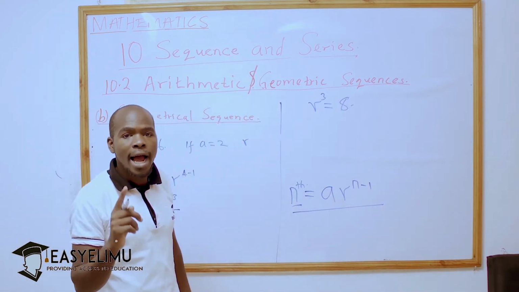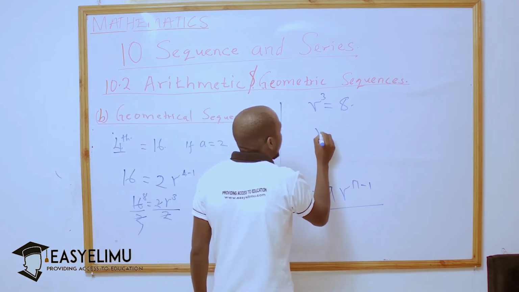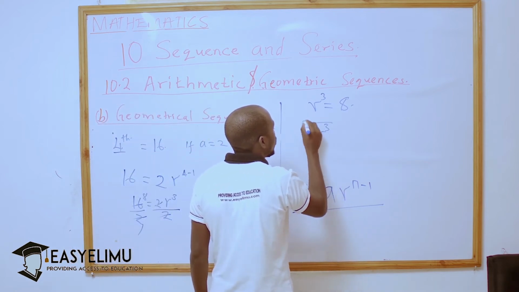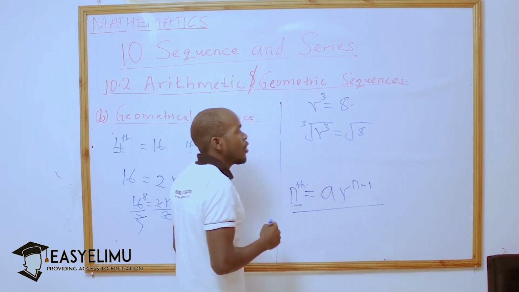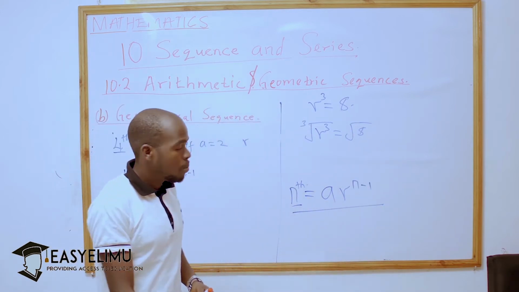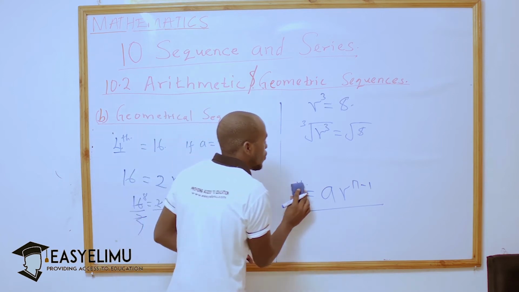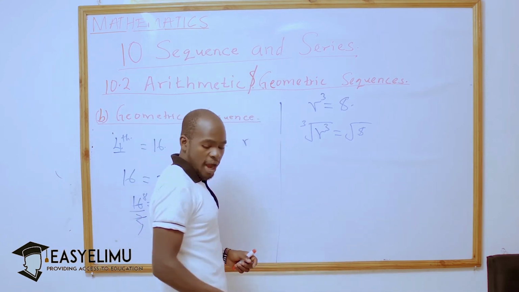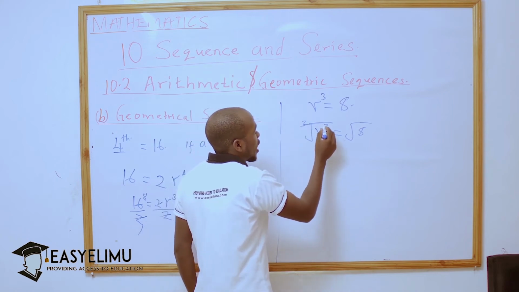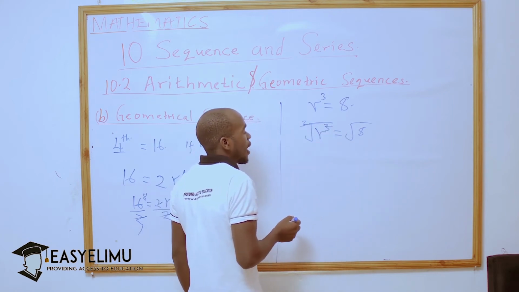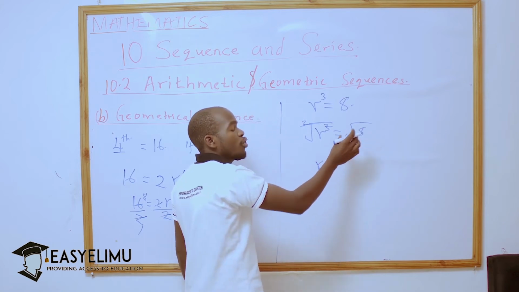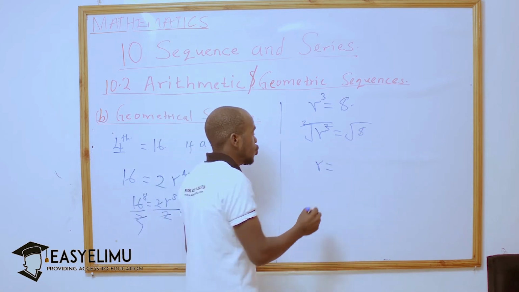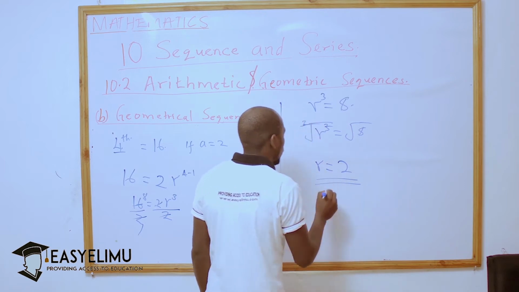If you want r alone, you have to find the cube root on both sides. The cube root will cancel the cube of r, so you are going to have r equal to the cube root of 8, which is 2. So r is equal to 2.